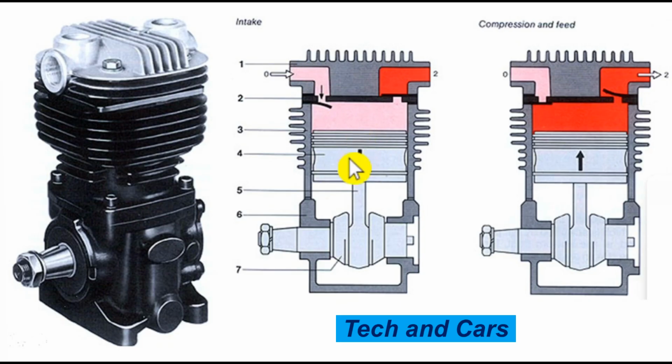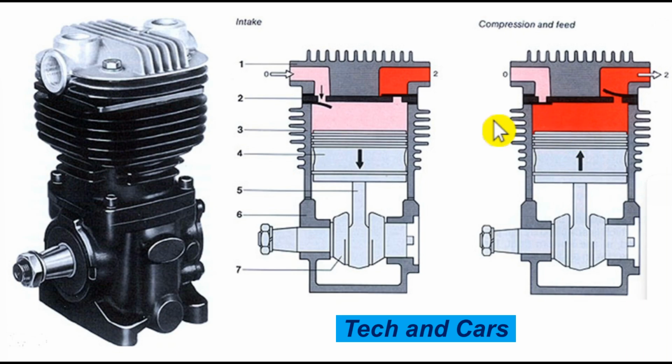Once the piston has finished its downward travel, it will begin to come up. The upward motion of the piston will compress the already admitted air and then discharge it to the pneumatic brake system. As the piston starts to move up, volume is diminishing, and that decrease in volume will cause the pressure to increase.